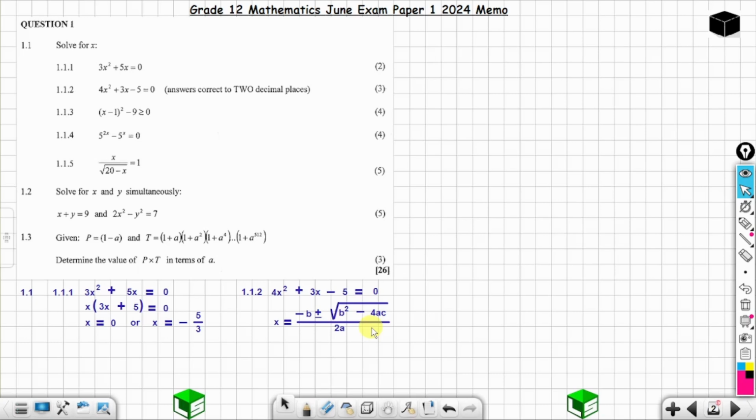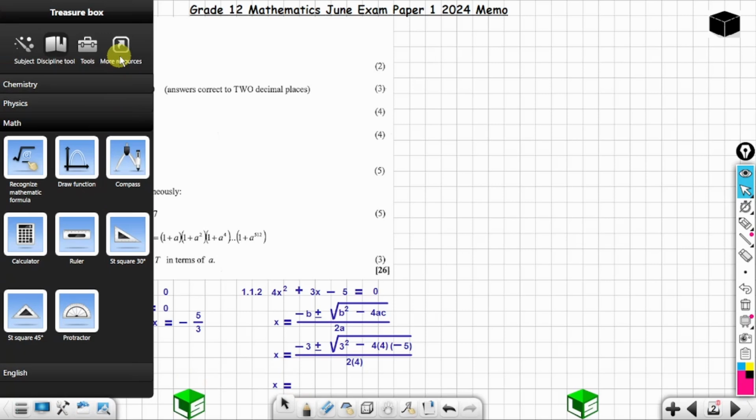Okay, so a is equal to 4, b is equal to 3, c is equal to negative 5. Just as in alphabetical order, you have a, b, and c. So x is equal to, you are going to plug everything that you have. Okay, so this is equal to, use your calculator.